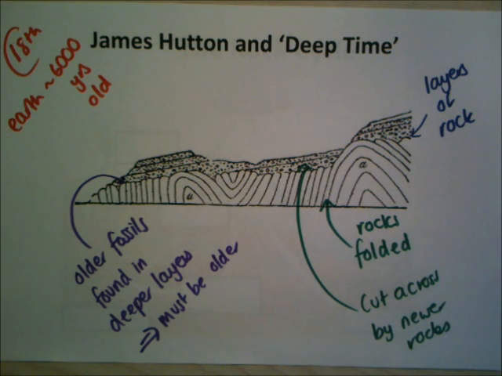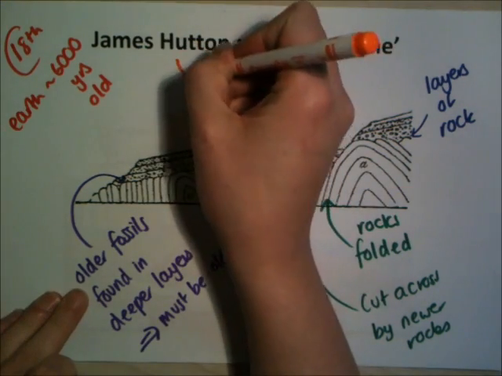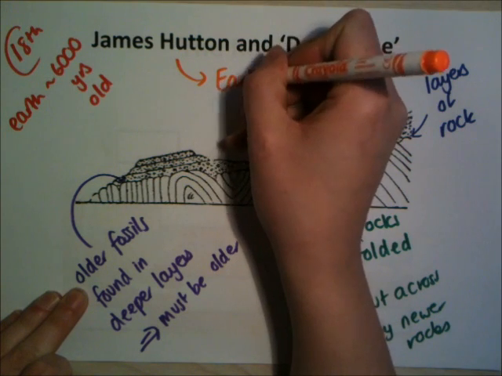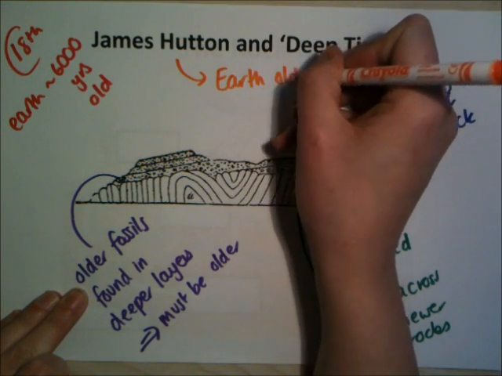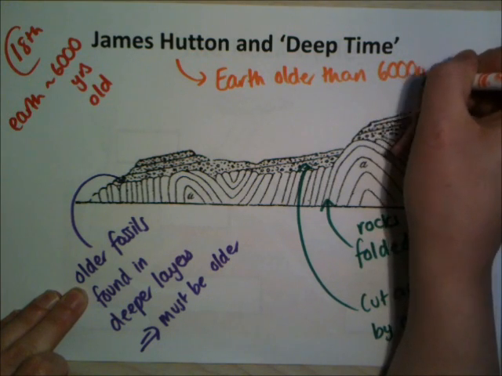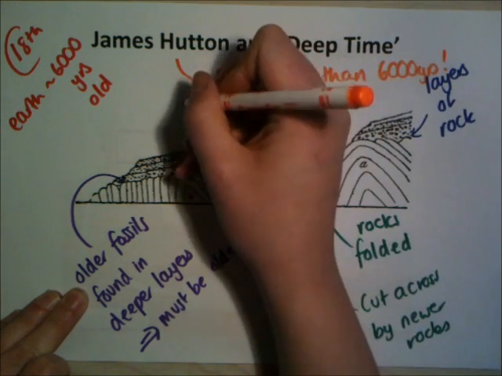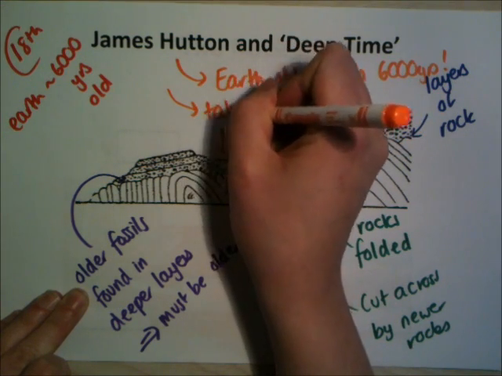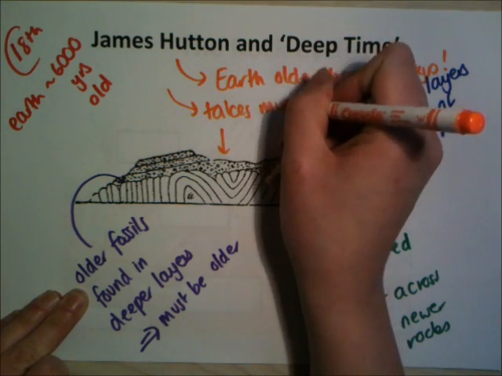Now, from this, Hutton deduced two things, okay? He thought that the earth must be much older than we thought, older than 6,000 years, because he thought this must take too long. This takes much longer than 6,000 years to happen.